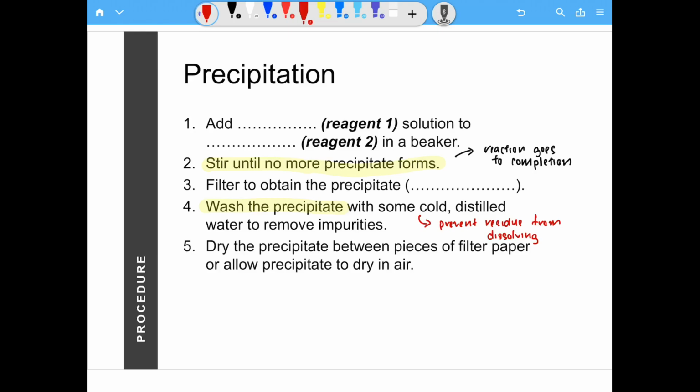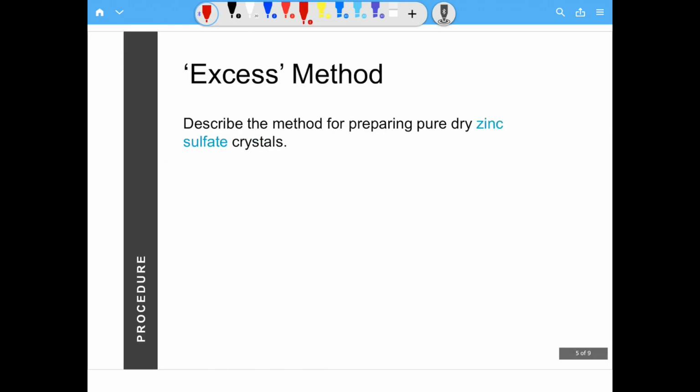Now we'll move on to the second method, which is called the excess method. Again, this is another example of a question that you will get. Describe the method for preparing pure dry zinc sulfate crystals. In the previous lesson, we learned that zinc sulfate is soluble in water. It's not a sparingly soluble salt, so we need to use the excess method.